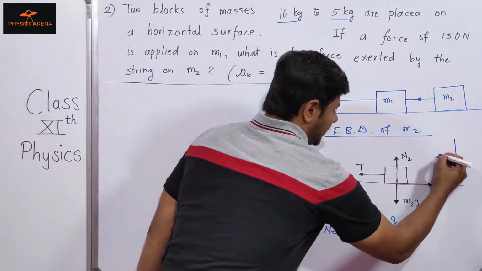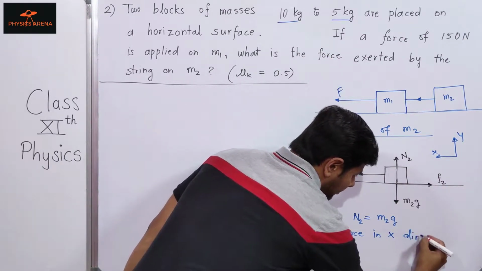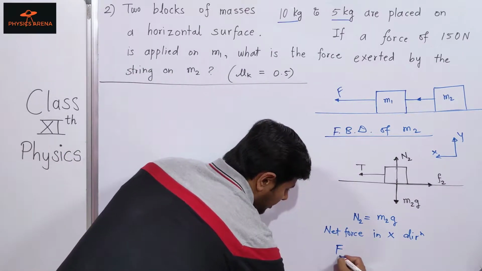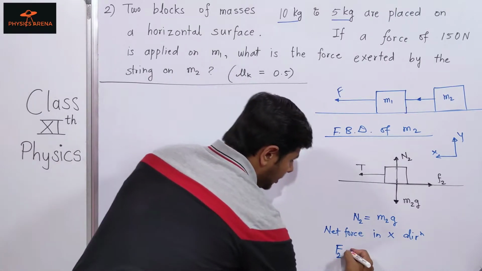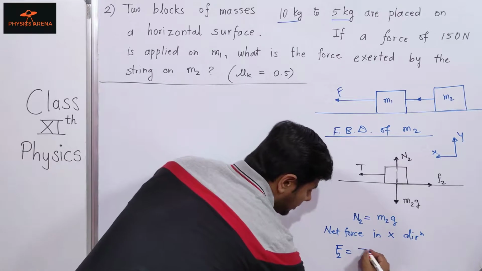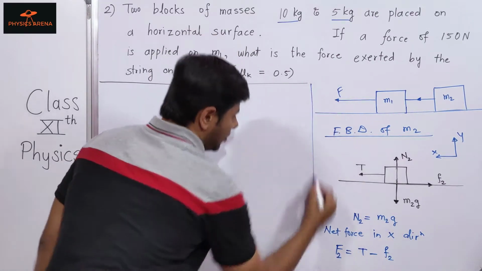So this is the x direction and this is the y direction. So in the x direction is, let's call it capital F2. Now it is equal to the tension minus the frictional force. So tension minus small f suffix 2.